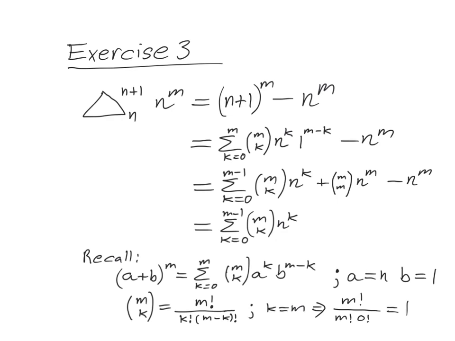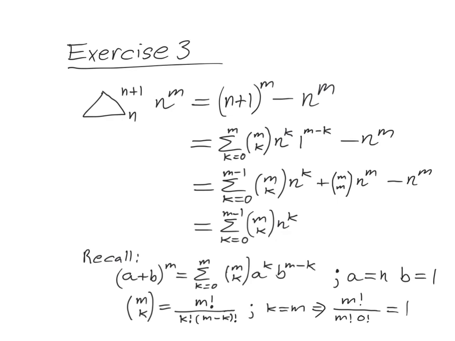By definition, the delta between n and n plus 1 of n to the m is equal to (n plus 1) to the m minus n to the m. We can expand (n plus 1) to the m as the sum from k equals 0 to m of m choose k times n to the k times 1 to the m minus k. 1 to the m minus k is equal to 1, and anything times 1 is equal to itself, so we no longer write this term.